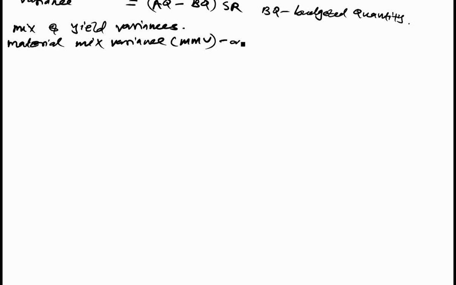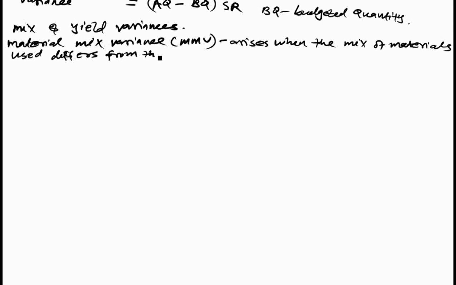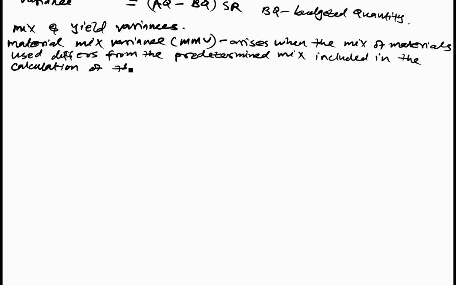So what is material mix variance? It arises when the mix of materials used differs from the predetermined mix included in the calculation of the standard cost of operation.